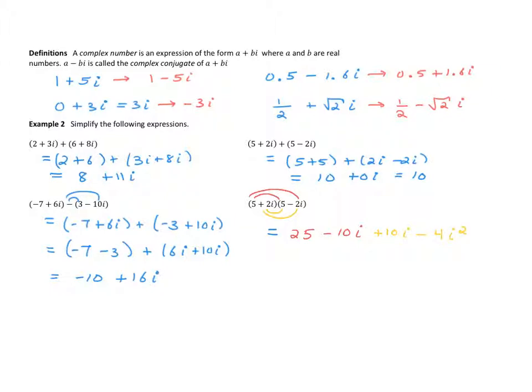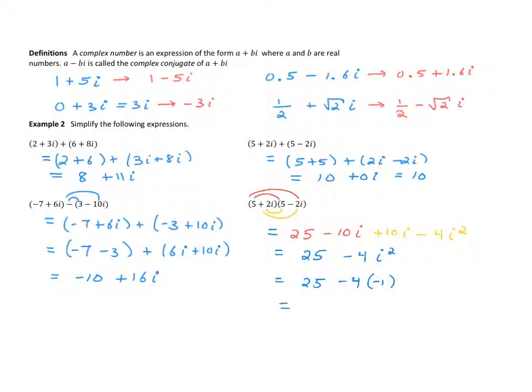A little bit more complicated, but let's just carefully combine like terms and move forward. Let's see, well, we got 25. I'm not sure what to do with that yet. I have a negative 10i and a plus 10i, which is 0. I won't write it, but I do have this minus 4i squared at the end. And actually, we defined i squared to be equal to negative 1. So what I'm going to do is replace i squared with negative 1.